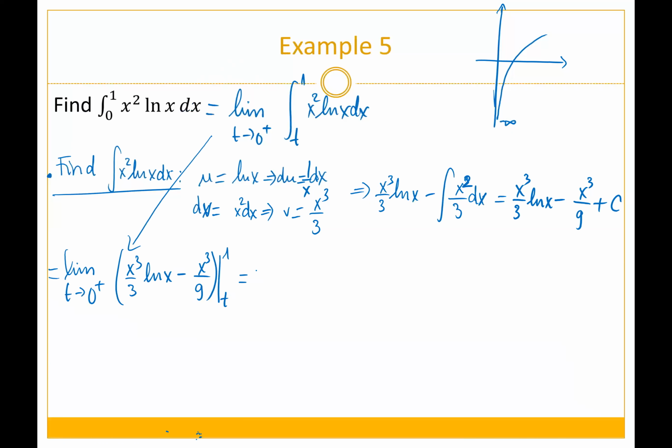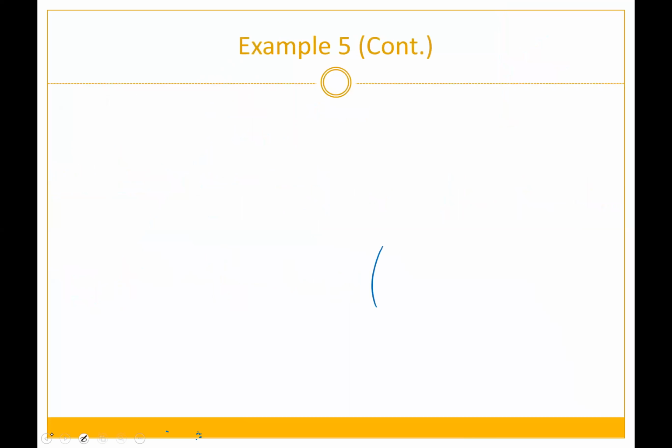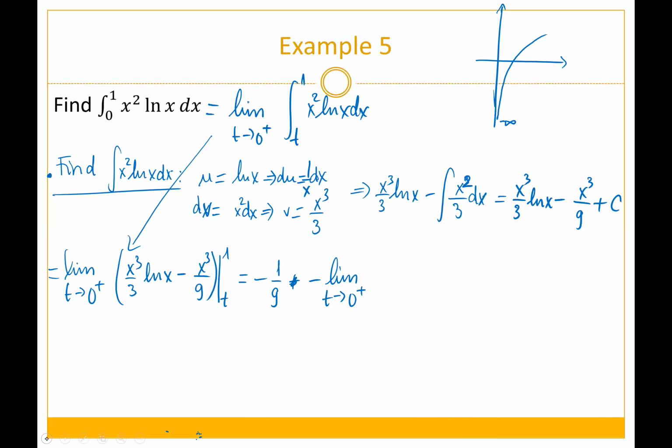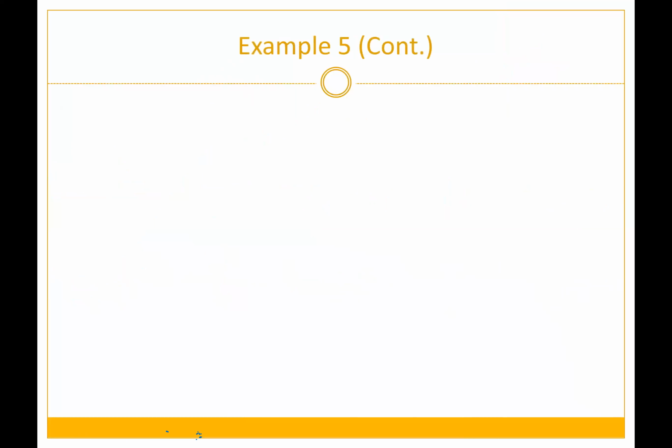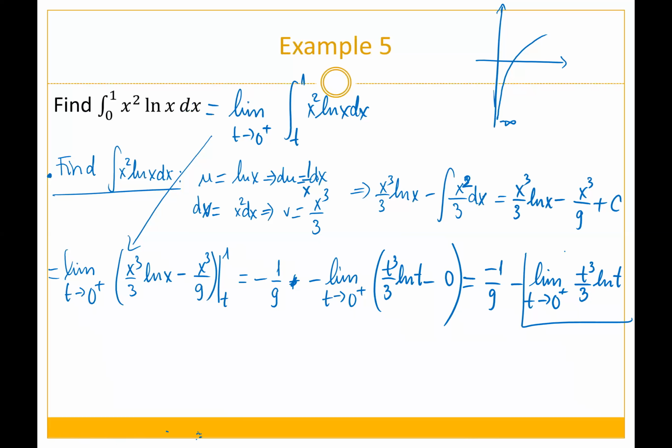When you put 1 in, you have 0 here, minus 1 over 9, minus the limit of t approaching 0 plus of t cubed over 3 ln of t minus 0, because t cubed over 9 with t approaching 0 is 0. So it ends up being negative 1 over 9 minus the limit of t approaching 0 plus of t cubed over 3 ln of t.